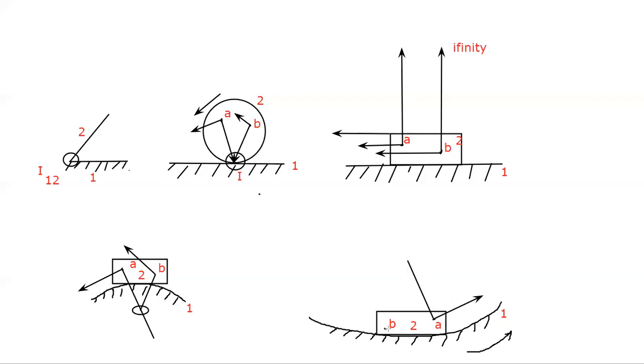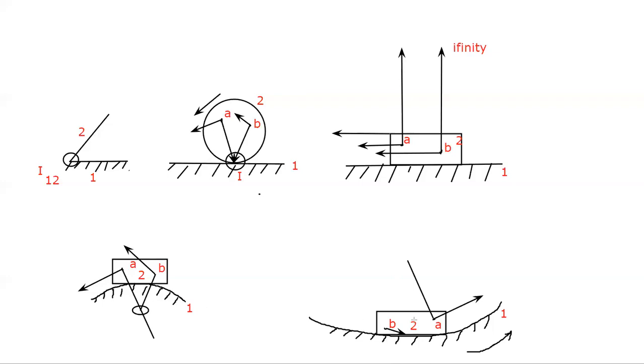Similarly, the B point will be trying to come inward, so the velocity here will be like this. It is not horizontal yet, but if it goes further ahead, it will be horizontal. You can imagine I have not drawn this curve properly.